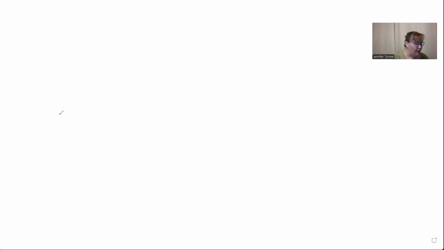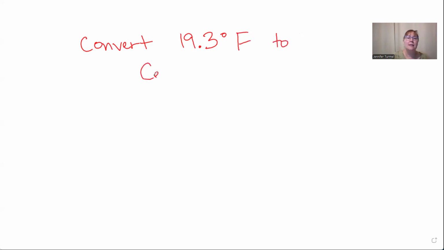So the first one that I have here is we're going to be basically converting. So convert 19.3 degrees Fahrenheit to Celsius and Kelvin. All right. Now, an important thing here is remember, you get a cheat sheet for all of your tests.